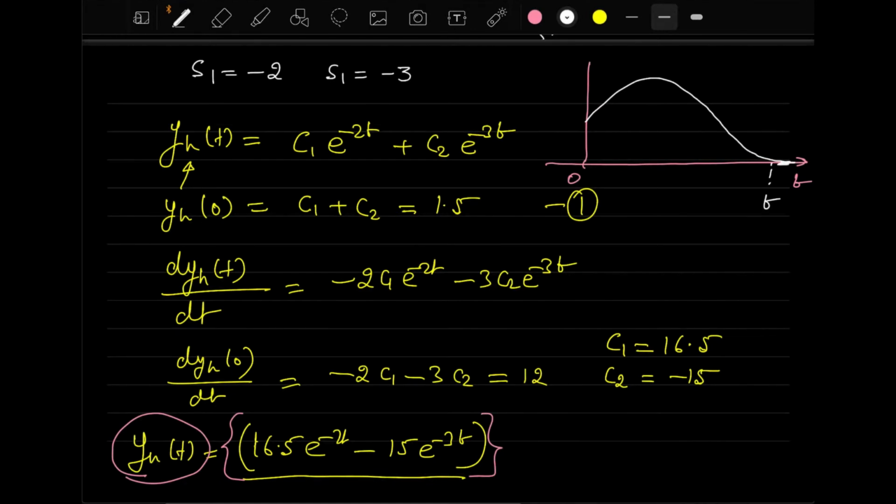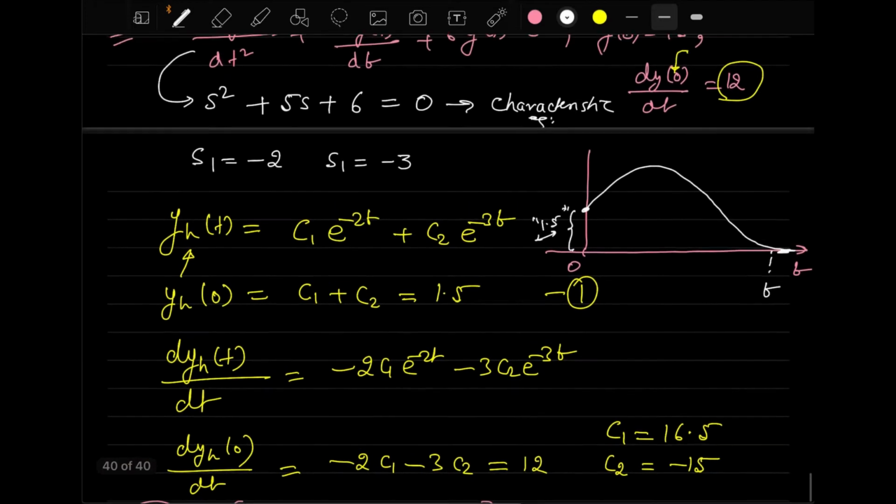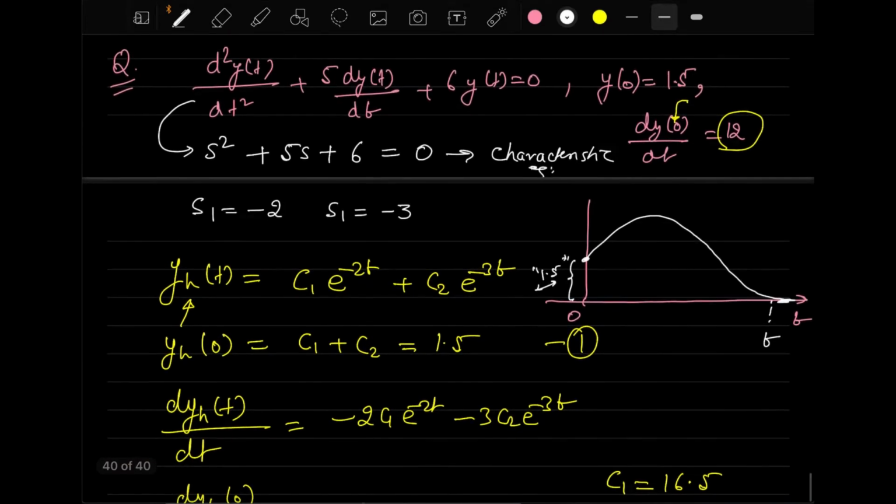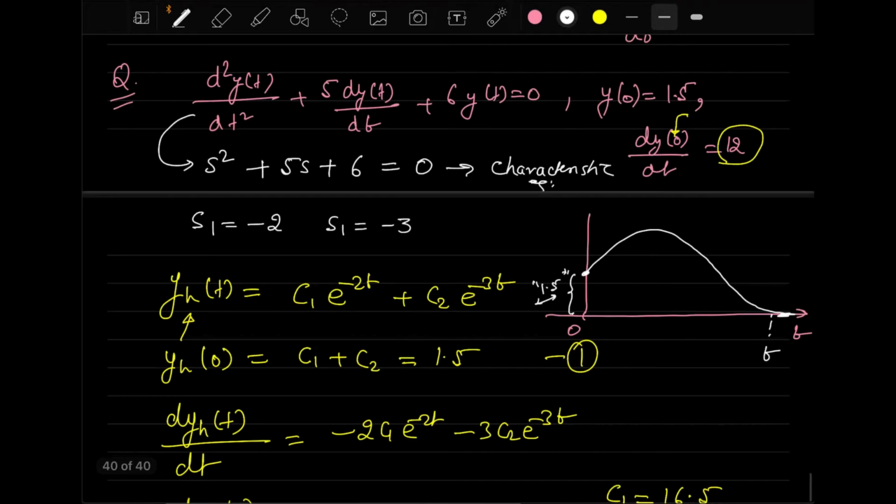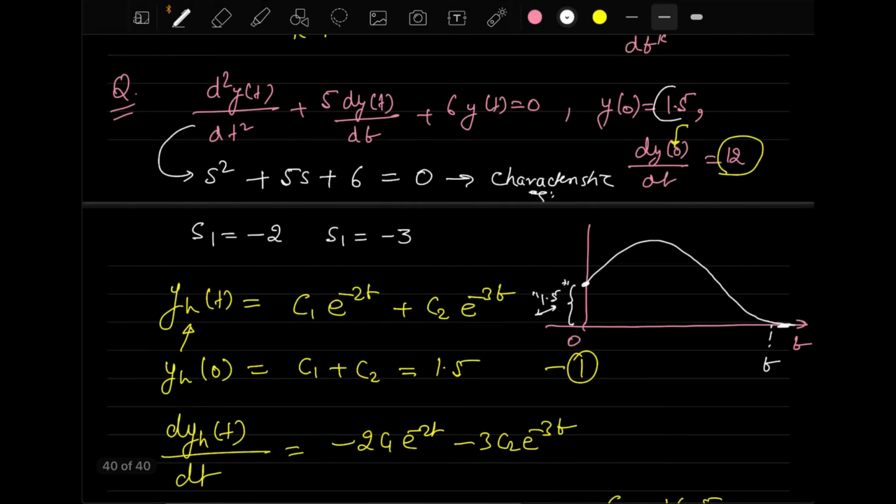But the important point is that it starts at some value here. And what is that value? The value is 1.5. The reason it starts at this point is, as I told you last time, that the voltage on the capacitor, if given to you, you can think of this as a voltage.